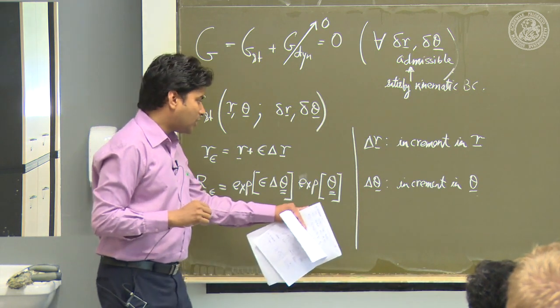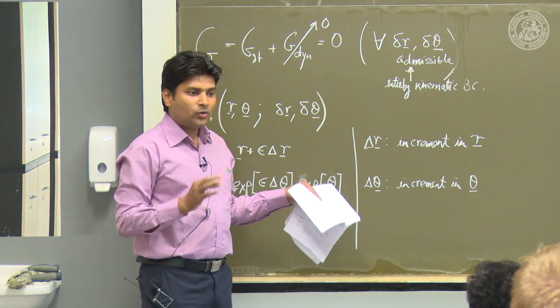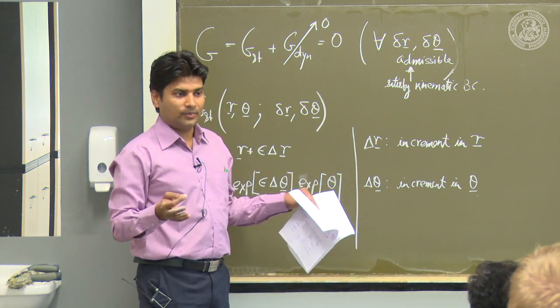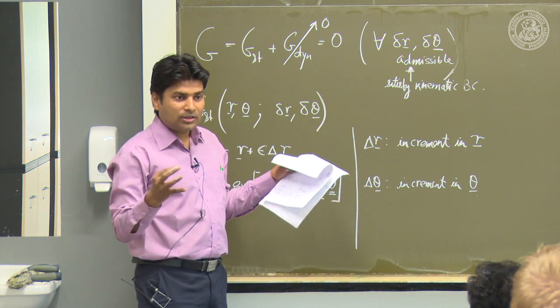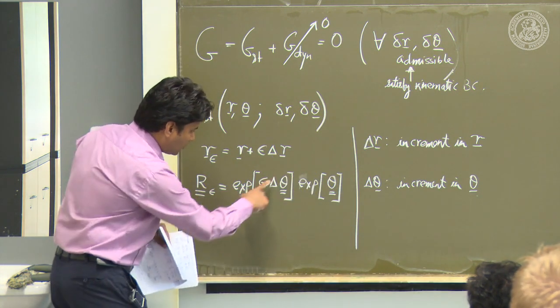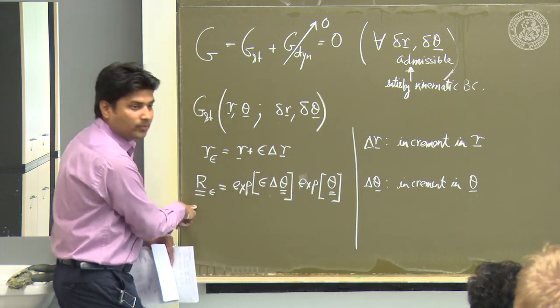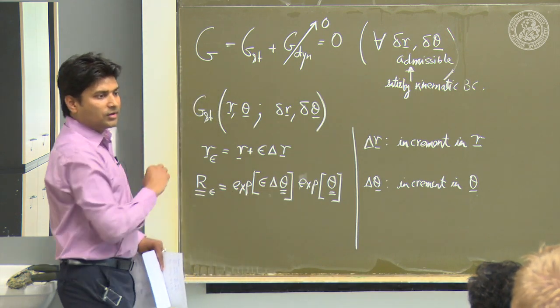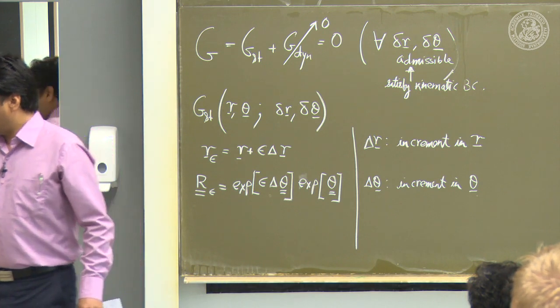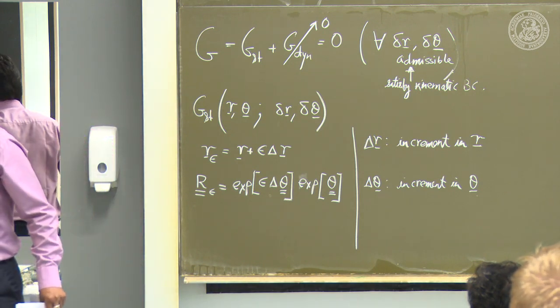Okay, but it is not like theta epsilon is equal to theta plus epsilon delta theta, because thetas do not simply add. You have to work out the exponential and that gets your big R epsilon. Okay. All right.